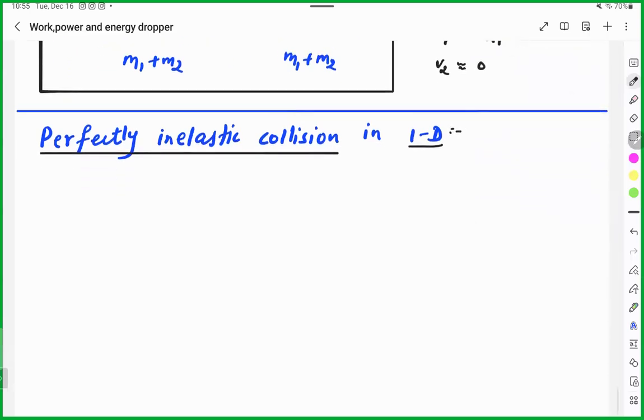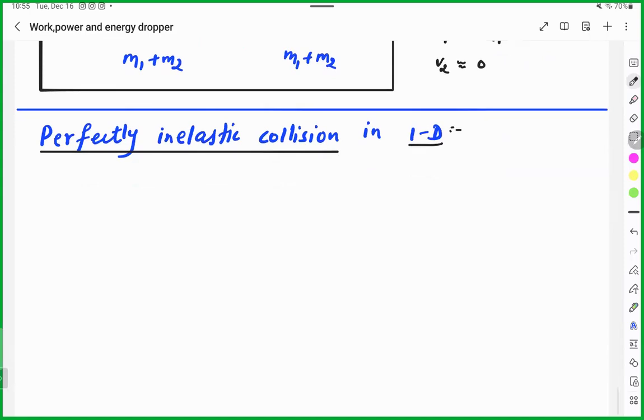So what happens in this collision when two bodies collide with each other? They will stick together and they move as a single body with a common velocity after the collision. Then this collision will be known as the perfectly inelastic collision.